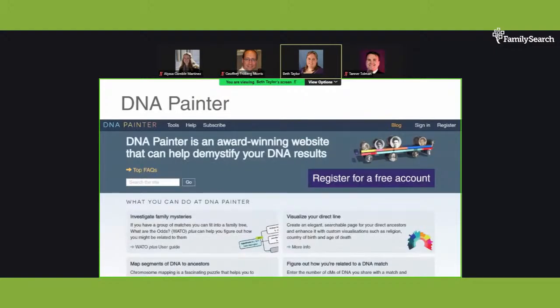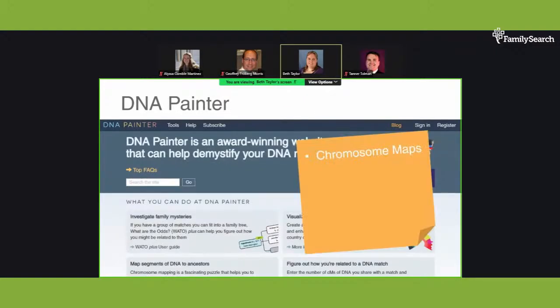DNA Painter is another great resource. They started DNA Painter as a chromosome mapper, but then they're also hosting what's called the Shared Centimorgan tool. I'm sure you'll see this again in later classes throughout the day. And they have a great tool called What Are the Odds, where you can build out a hypothesis of how you think you're related to a common ancestor.